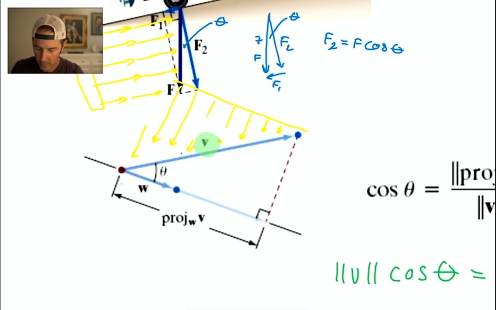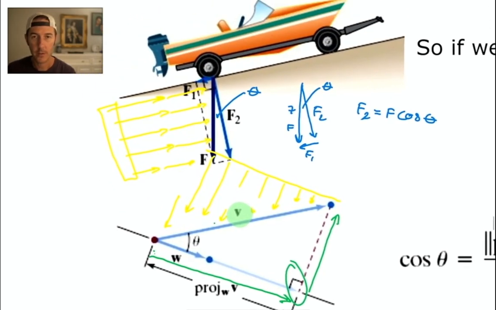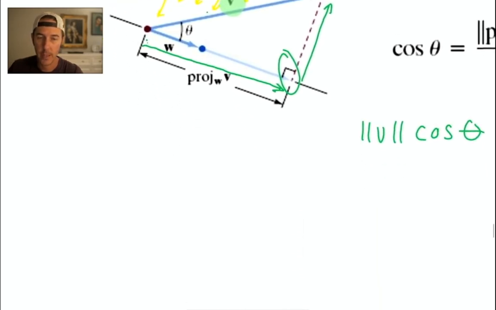Here's one of them, and here's the other one. And those are orthogonal, right? They're perpendicular. There's the right angle. So one of those is V1 and one of those is V2. Look in the diagram above that. There's F, F1, and F2. And F1 and F2 are definitely orthogonal. They meet at a 90-degree angle in that diagram.